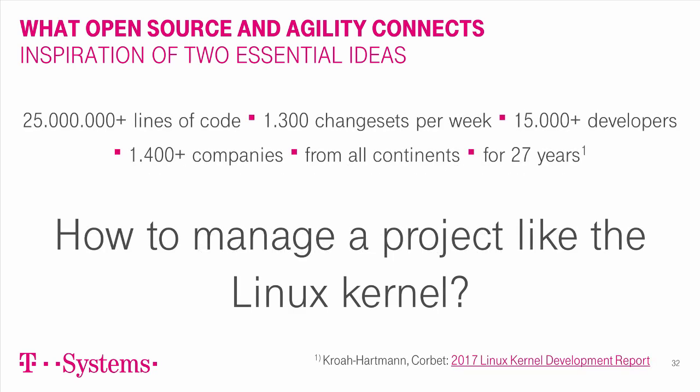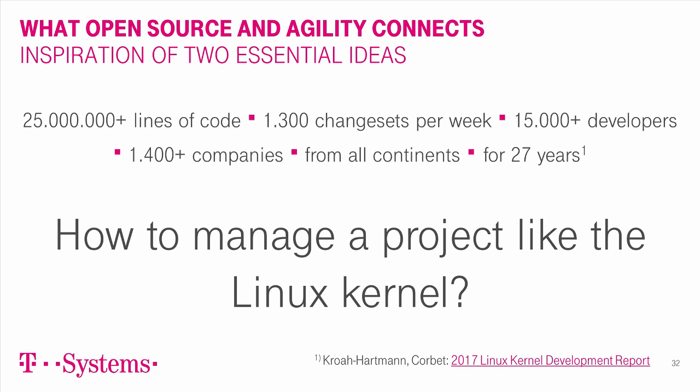Think of a project with more than 25 million lines of code, with more than 1,300 changes per week, contributing with 15,000 developers and 1,400 companies from all countries, from all continents, for more than 27 years right now.